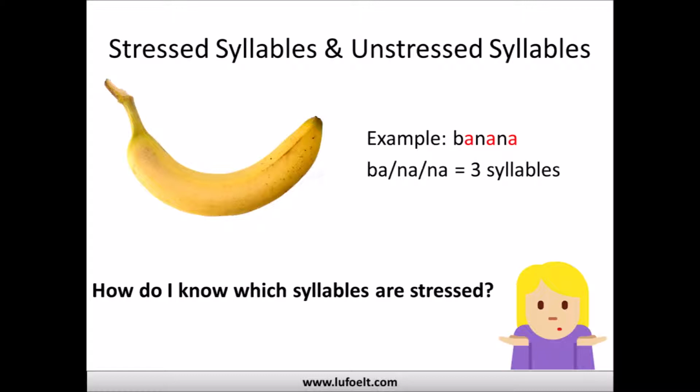Banana. Banana. You might be able to hear a difference now. So you might be asking yourself, okay, I can kind of hear the difference between stressed syllable and unstressed syllable in this banana example, but how do I know which syllables are stressed or unstressed in new words that I'm learning?